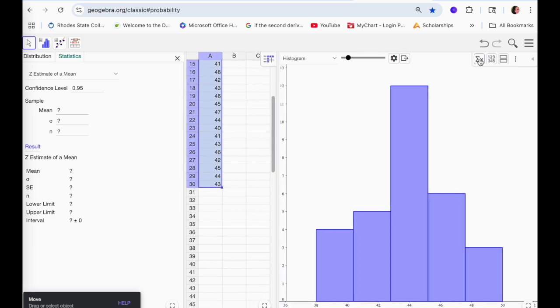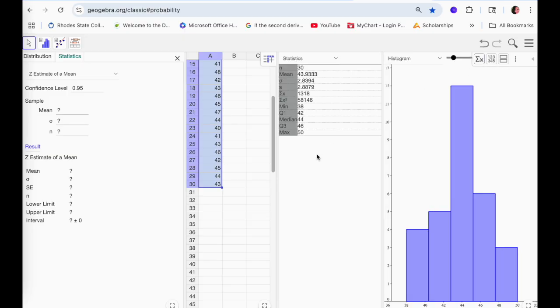And then over here, you can click on the symbol for sigma x. That icon will give us our statistics. So the mean of the sample is shown here, 43.9333.